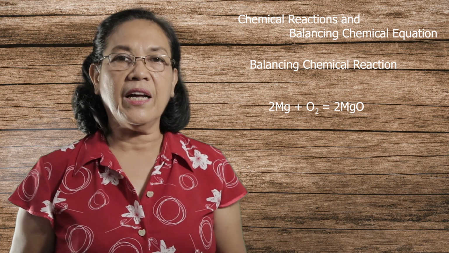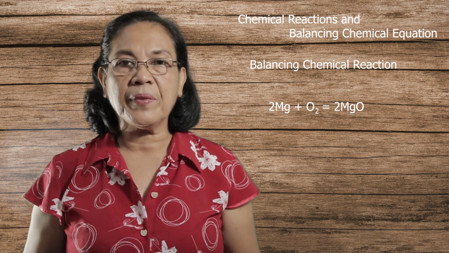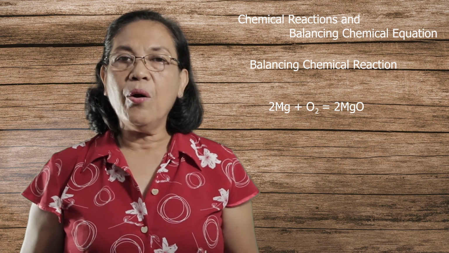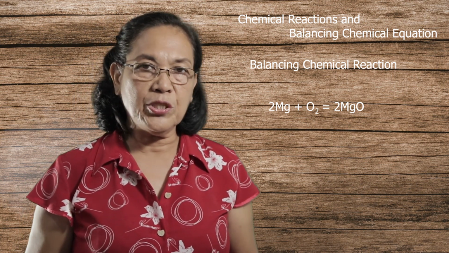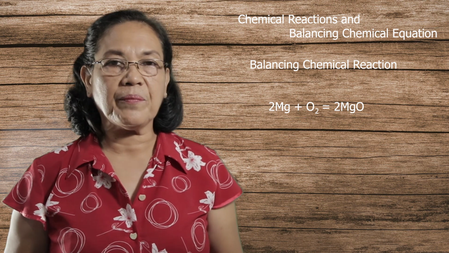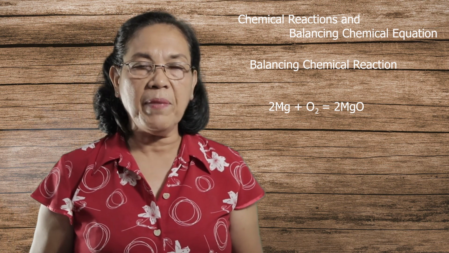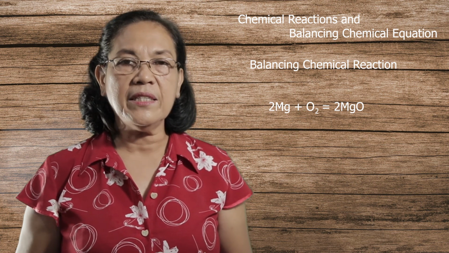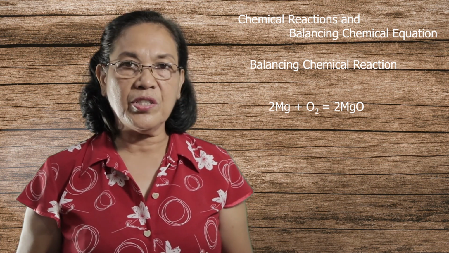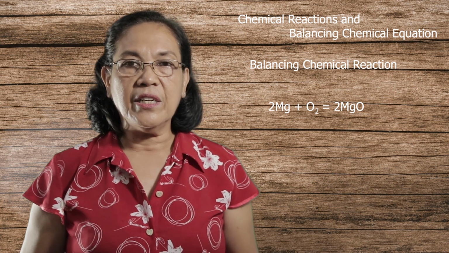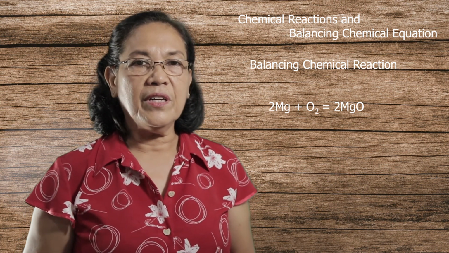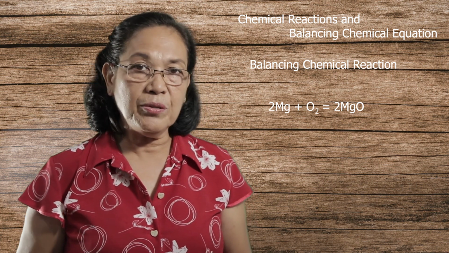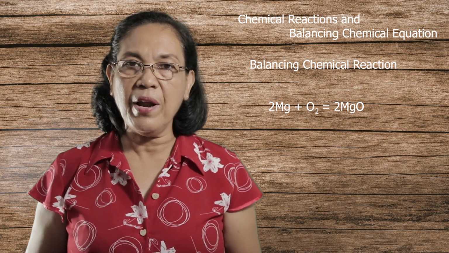But when you look at the number of atoms of oxygen, in the product you have only one atom of oxygen, while in the reactant there are two atoms of oxygen. So you have to multiply the product by 2 in order to balance the number of oxygen in the reactants. So this time you have 2 atoms of oxygen in the reactant and 2 atoms of oxygen in the product.